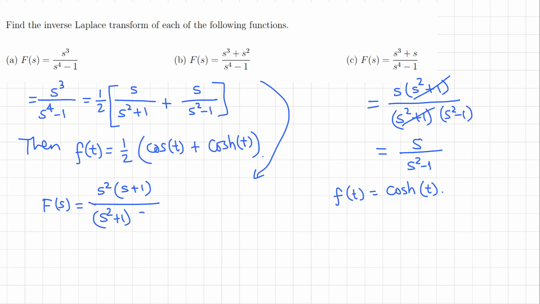S squared minus 1 is s plus 1 times s minus 1. I'm going all the way down because then I can cancel. So this is essentially now s squared over s squared plus 1 times s minus 1.